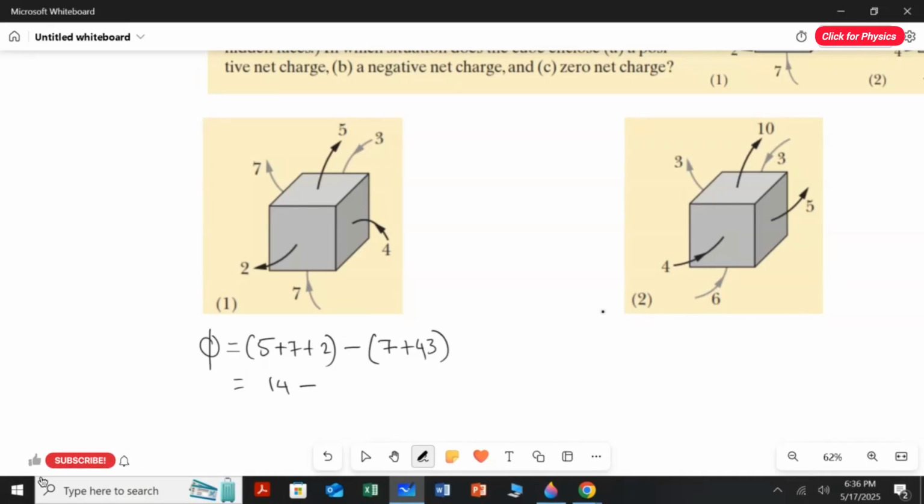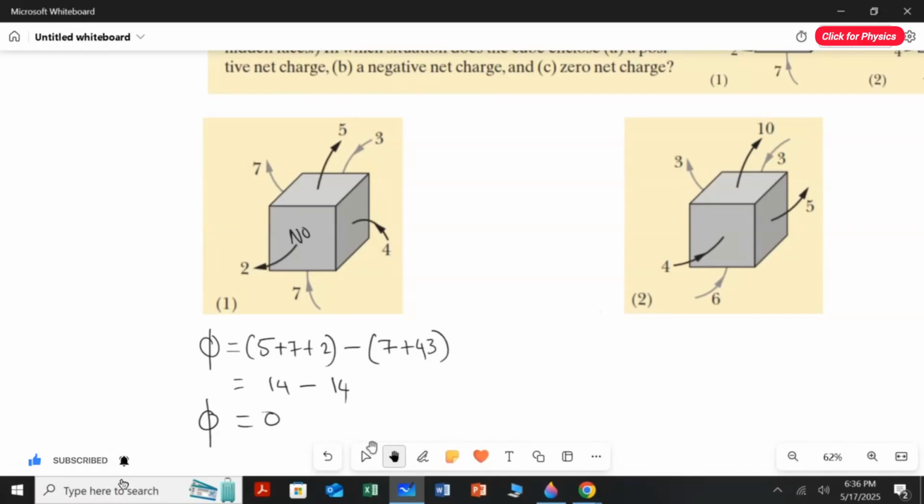Minus, and here 7 plus 3 is 10, 10 plus 4 is 14. So 14 minus 14, we got zero flux. If this is zero flux, what charge is inside? There is no charge. That means the net charge inside the cube is 0, because we got the flux value 0.